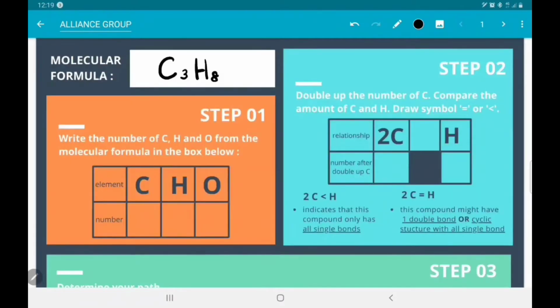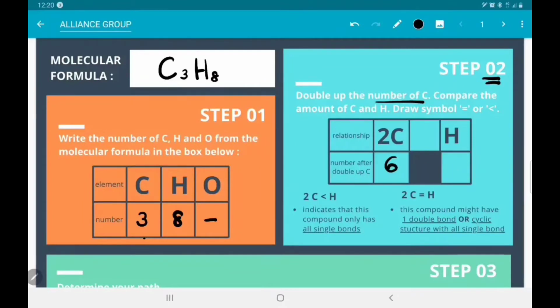Question number 1, molecular formula C3H8. Step number 1, write the number of C, H and O from the molecular formula in the box. So we have 3 C, 8 H and 0 oxygen. Step number 2, double up the number of carbon. So here we have 3 carbon, so double up, we will get 6.